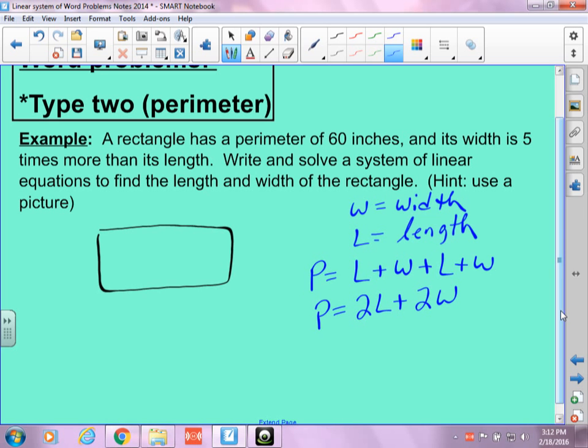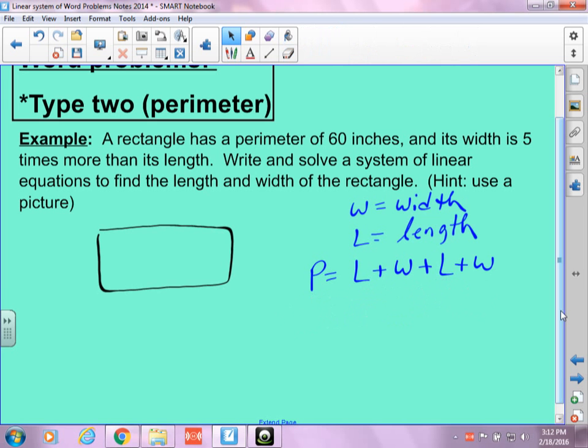So it depends on what you're solving and how you're solving it. Today I'm going to use the first one for this particular situation. In your homework, you can use either one. I'm going to use this formula, and it's always perimeter, because remember, perimeter is the rim. It's the outside part of your shape.